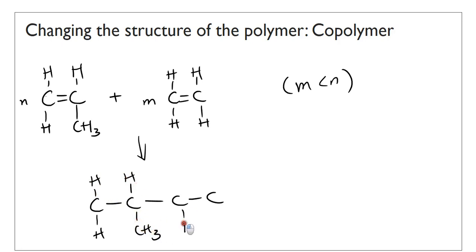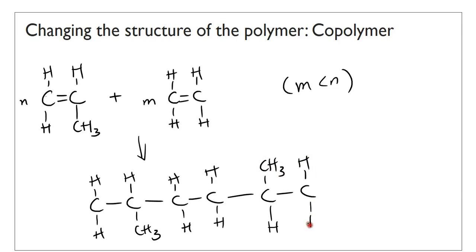But you can have a very, very random arrangement, which is what I'm drawing here. So the first one is propene, the second one is ethene, and then we can have another propene. Let's say we're going to bring it up like that. And let's say we have another propene here.